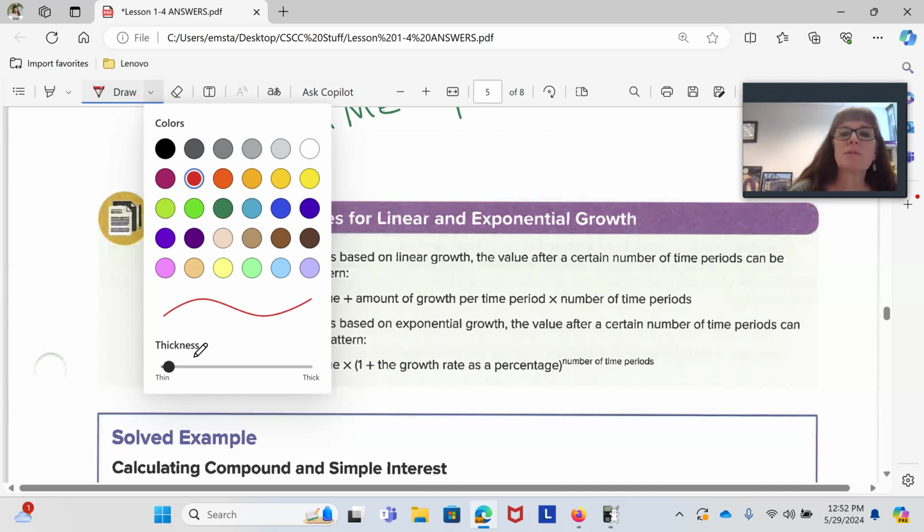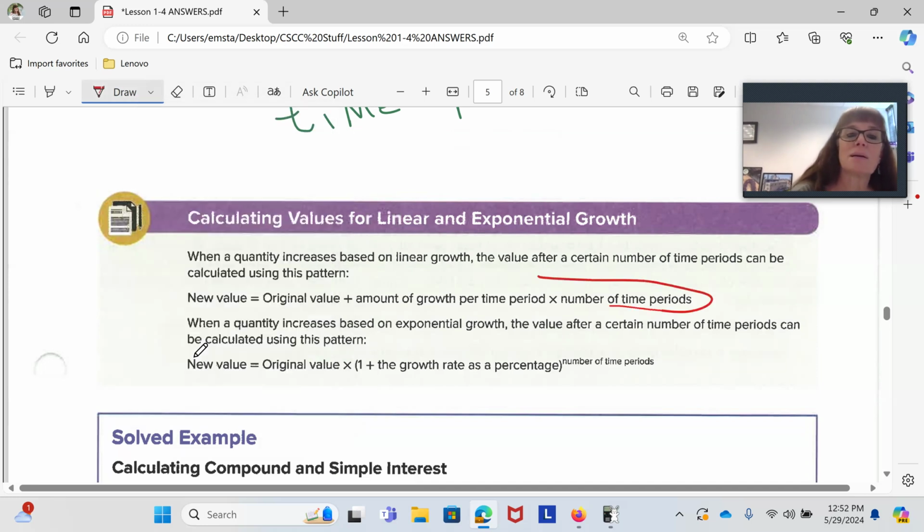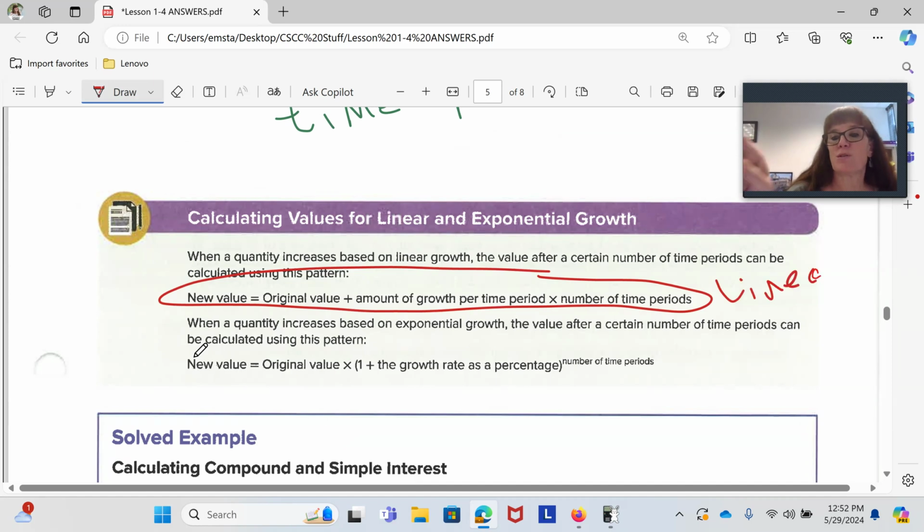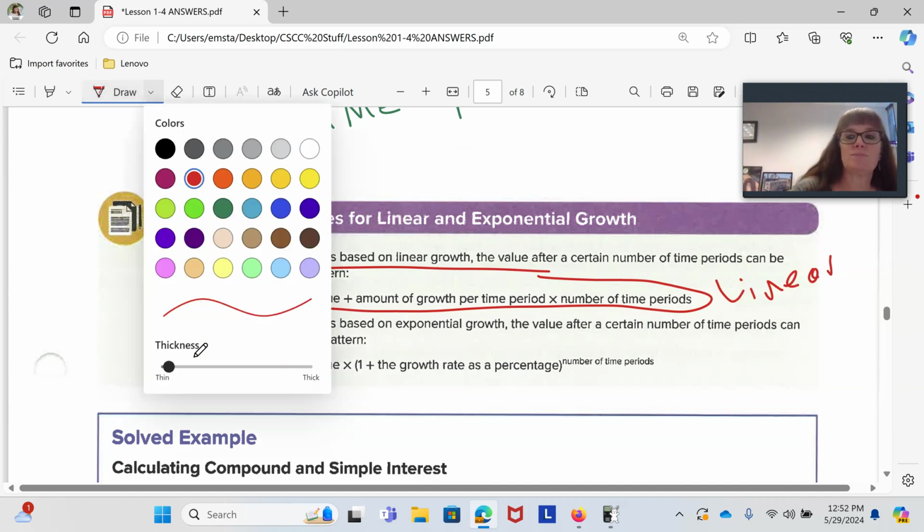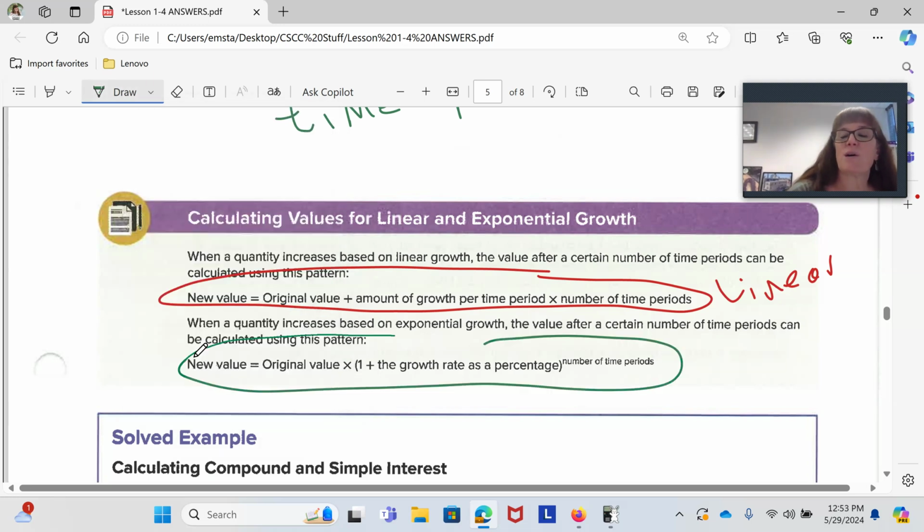I don't remember what color we did, but that's okay. That is our linear, also our simple interest. This one is our exponential or our compound interest. We take the original value times some growth factor raised to a power.